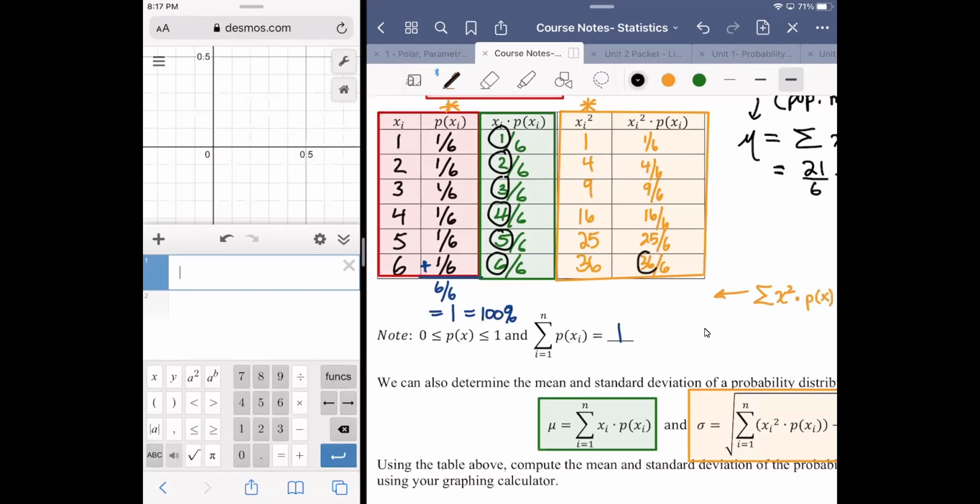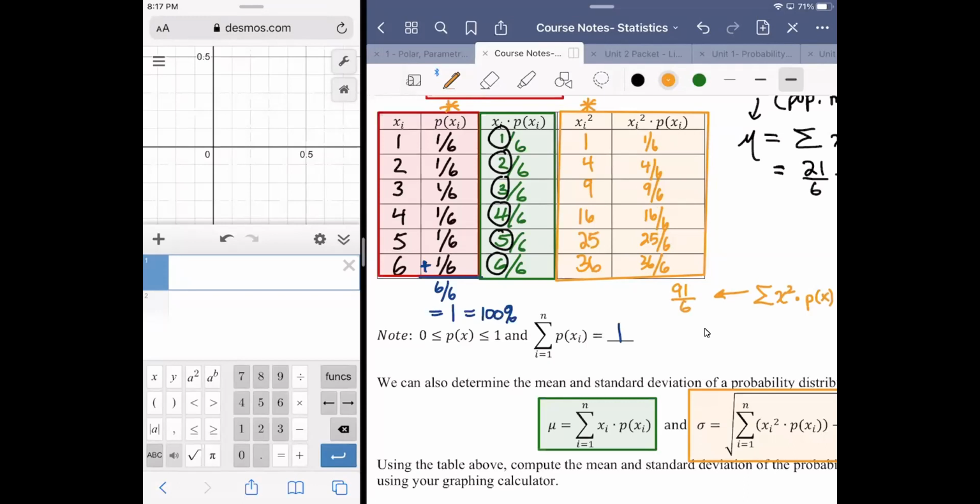Using the same idea, I'm going to add: 1, 5, 14, 30, 55, 91. Actually, those circles got a little out of hand. I'll just write 91 over 6.